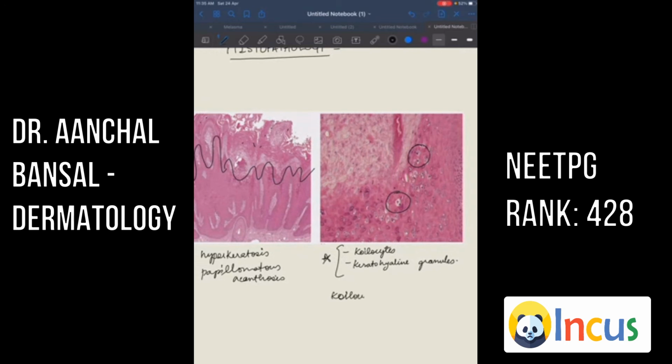Discussing koilocytes, how will you identify them? These cells have clear cytoplasm and a central hyperchromatic, enlarged nucleus.